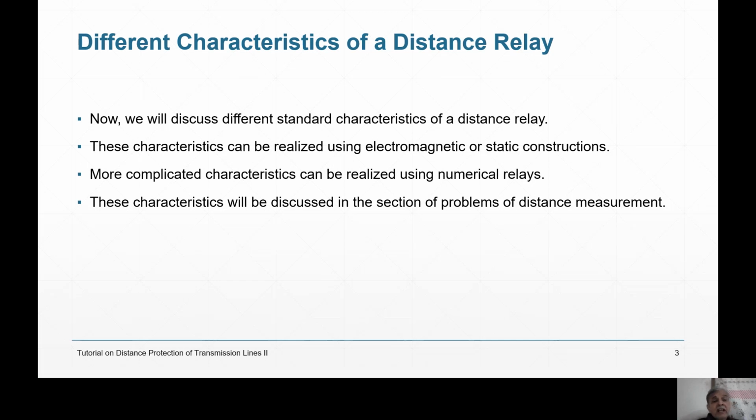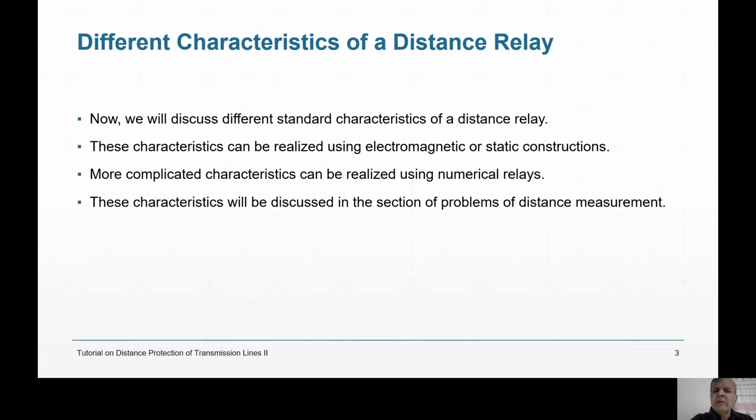Because modern characteristics are coming. Modern technology is coming, and that modernization is changing the kinds of characteristics. But we will take these four characteristics first, because we want to understand distance protection first.